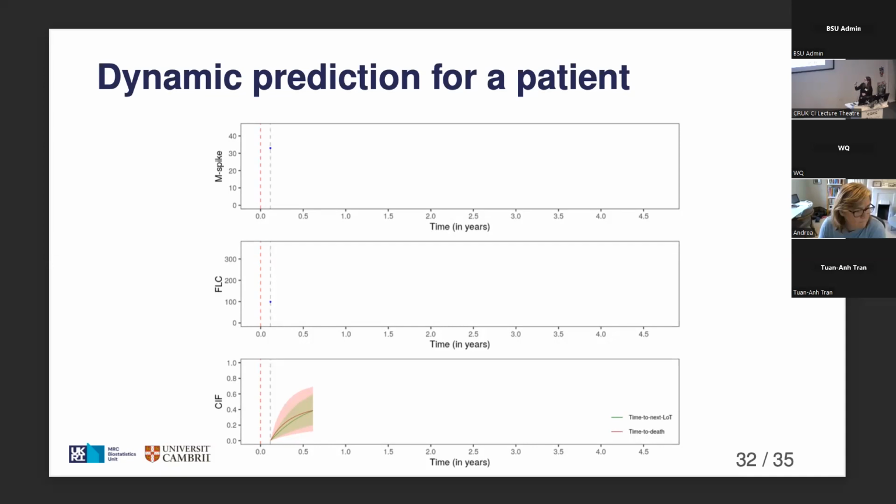And as the longitudinal model evolves, you would see these predictions changing over time. As the FLC and the M spike increase, you see an increase in the predicted time to next line of therapy cumulative incidence function. So yeah, sorry that's not working today.